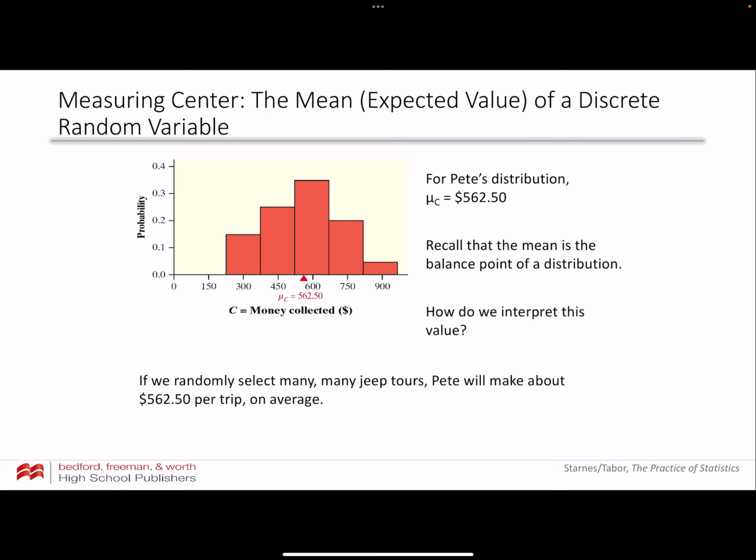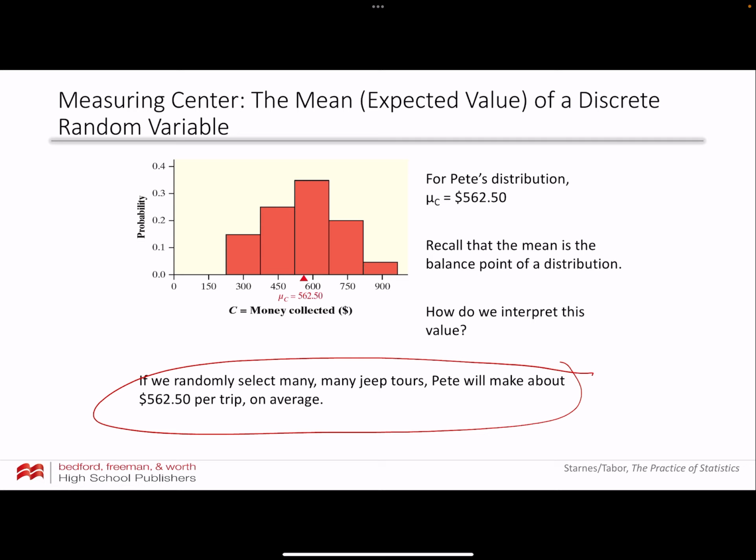So here is how you're going to interpret the mean or expected value of a random variable. If we randomly select a lot of his Jeep tours, Pete will make about $562.50 per trip on average. So this is the average amount that he makes per trip, when I've selected lots and lots of Jeep tours.